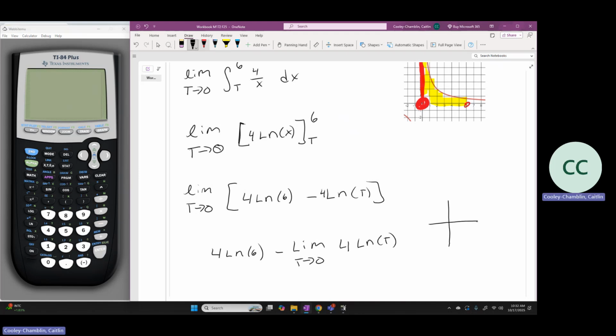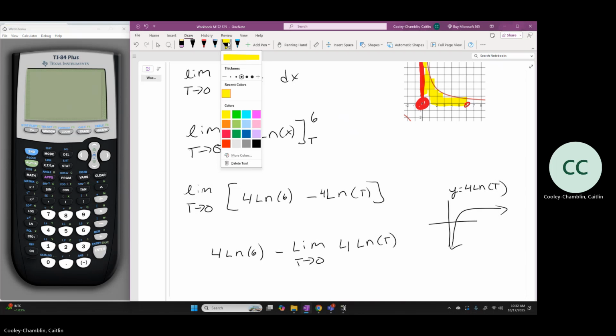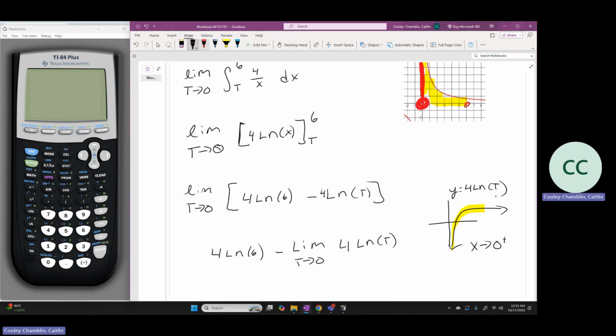Evaluate ln t. The graph before looks like this. So y is approaching negative infinity.